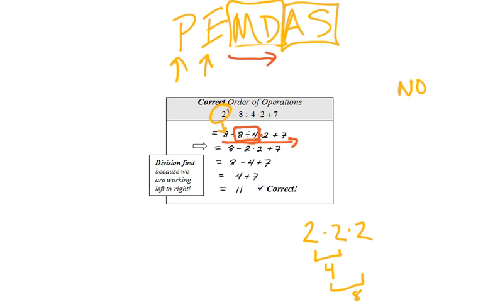So now we're still on multiplication and division. And so we do 2 times 2. So we get 8 minus 4 plus 7. And then we just do addition and subtraction from left to right. So we go left to right. So 8 minus 4 is 4, plus 7, 11.